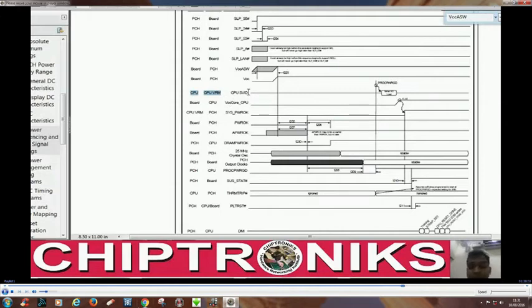This was a major difference, because here the processor is providing the SVID data to the core voltage regulator.